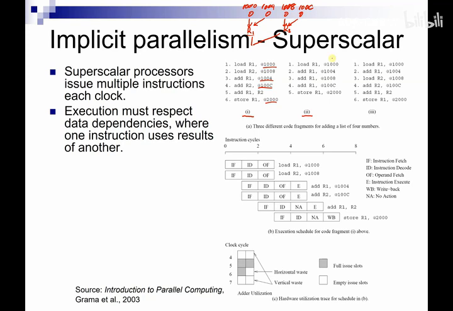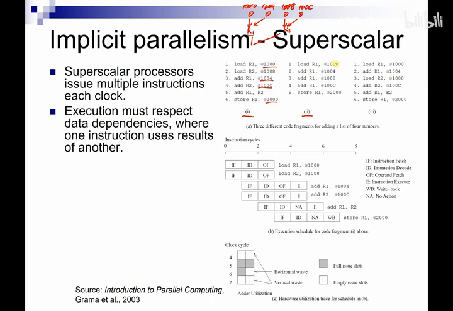Well, in the second piece of code, the first thing we do is load the value into the first register. Then you add the data from address 1004 into the first register. But notice that you have to do instruction 1 before instruction 2, because here we're trying to add the value at 1004 to the value at 1000.